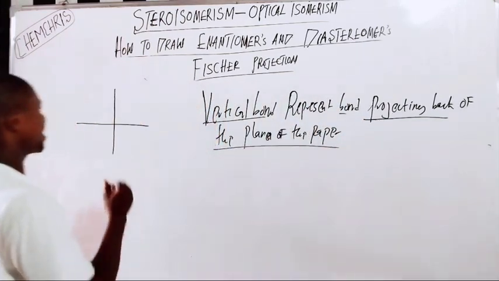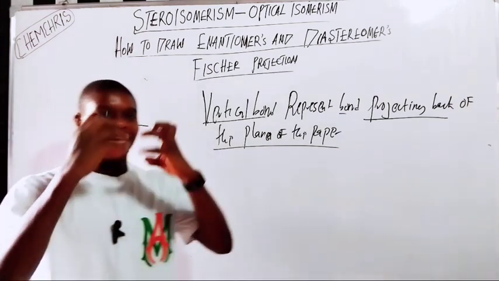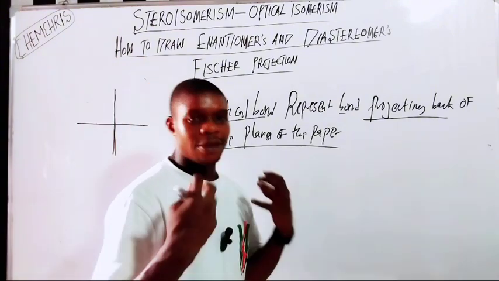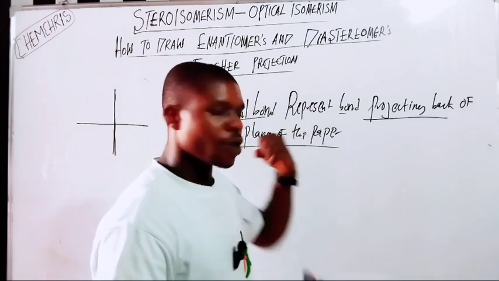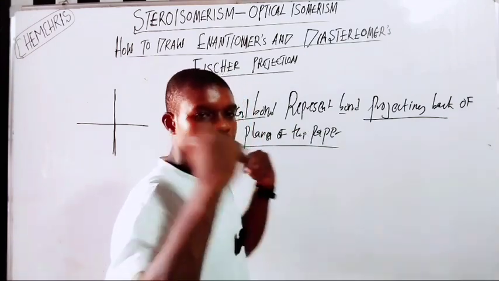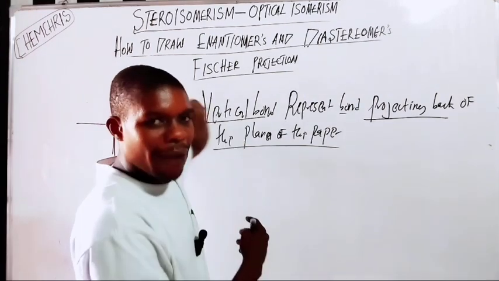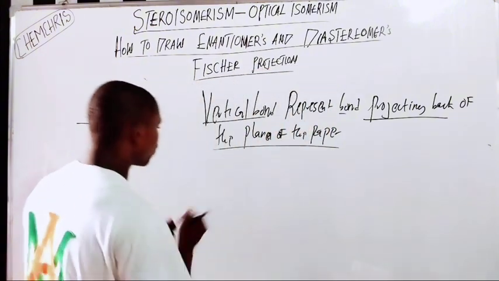So when I see a vertical bond like this, it represents bonds projecting backward, just like you see me here, this hand is projecting forward, the other one is projecting backward. It represents the one that projects backward, that you cannot actually see.